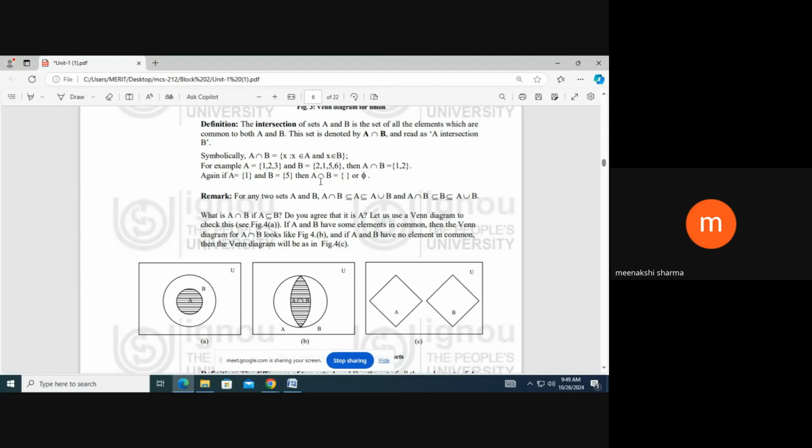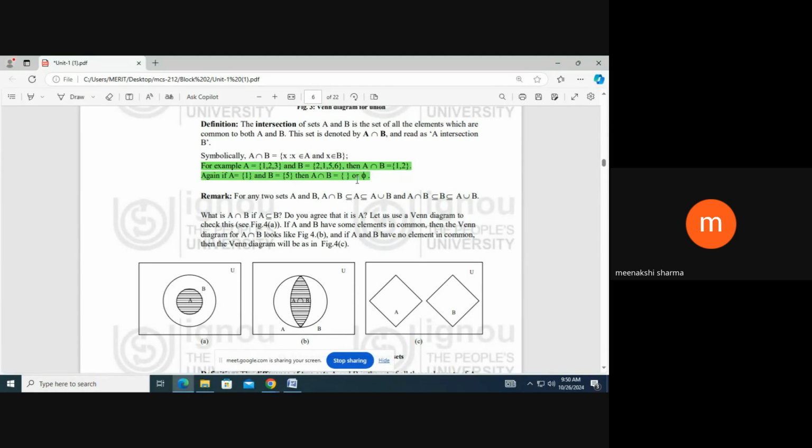Then intersection. Intersection means common. What is common between set A and set B? See, there is one example, read this. It's called intersection set. Set A has elements 1, 2, 3 and set B has 2, 1, 5, 6.